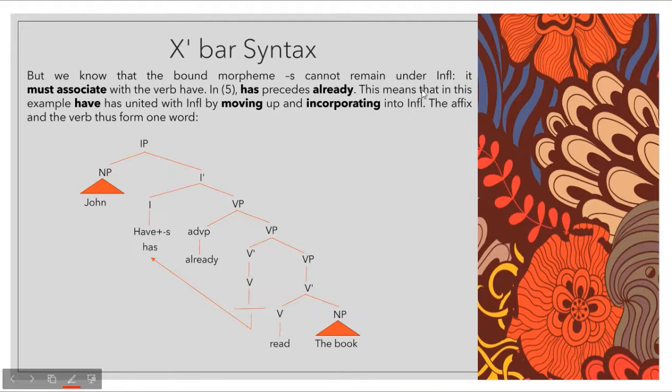Okay, this means that in this example have has united with Infl by moving up and incorporating into Infl. The affix and the verb thus form one word. What does that mean? It means that problem we saw before of who goes to whom, whether the verb goes to the inflection or the inflection goes to the verb.